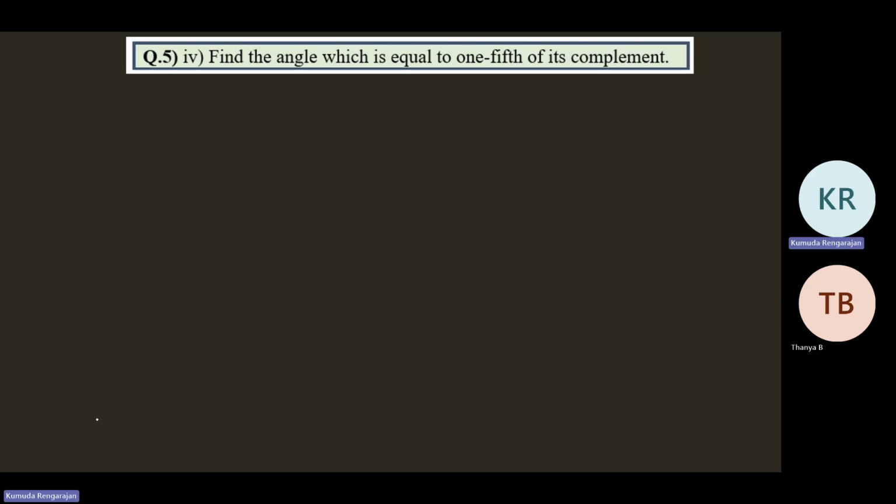Yeah. How do we do this? How do you assume? Let one angle be x and one angle be 90 minus x. Okay. Equation in words. X is equal to 1/5 into 90 minus x.